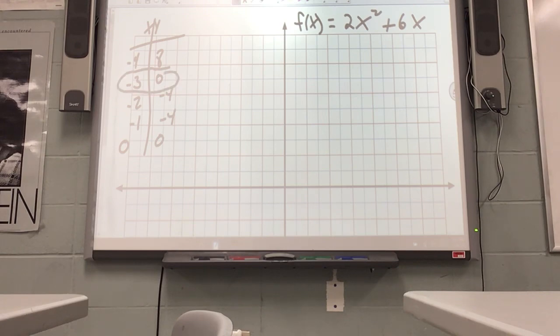Hold on just a second, I'll come look. Yes, it can. You start looking for where stuff repeats. You got -4, -4. That was at -2 and -1. So the lowest point would have to be halfway between those, and halfway between those is your -1.5. So it just didn't give you the vertex here because it was a decimal.